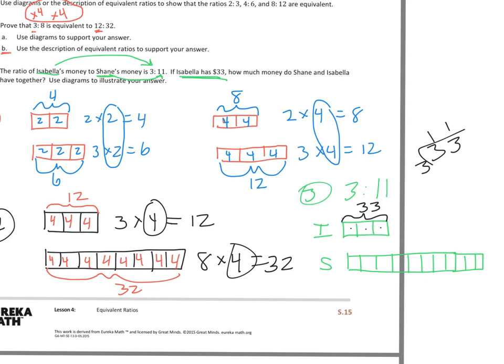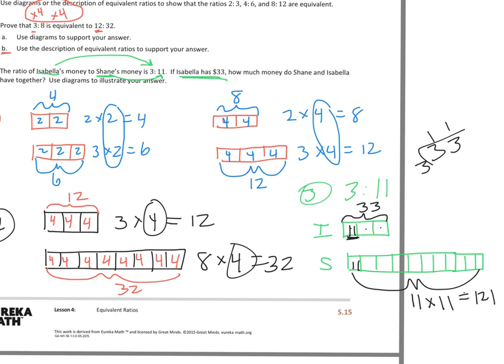So I could write 11s in here, but I don't think I need to, because if this unit right here is 11, I know this one's 11. So I can just say there are 11 units that are each worth 11. So I can then do 11 times 11, which equals 121.